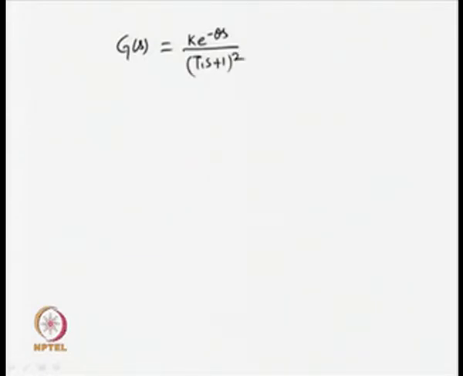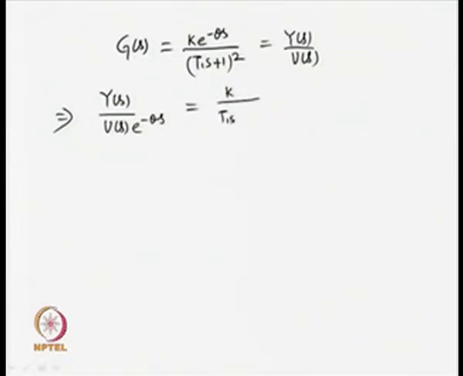Now, I can write this G(s) in the form of Y(s) upon U(s), since G(s) is equal to Y(s) upon U(s). It is not difficult to write Y(s) upon U(s) times e to the power minus theta s is K upon (T1 s plus 1) square.